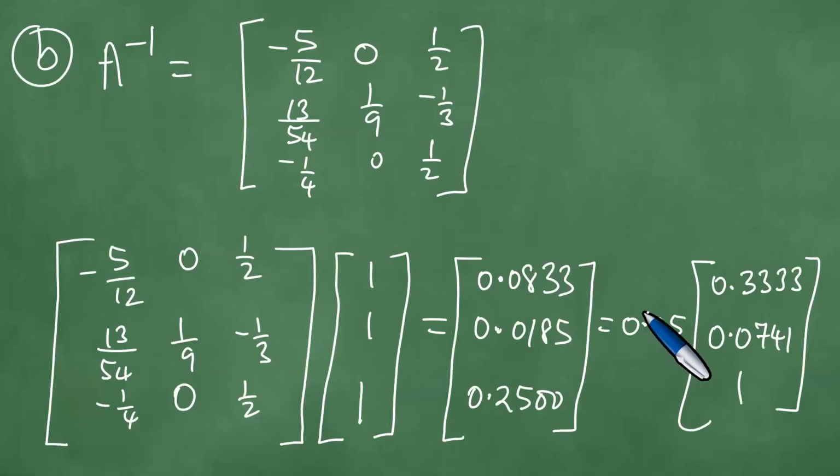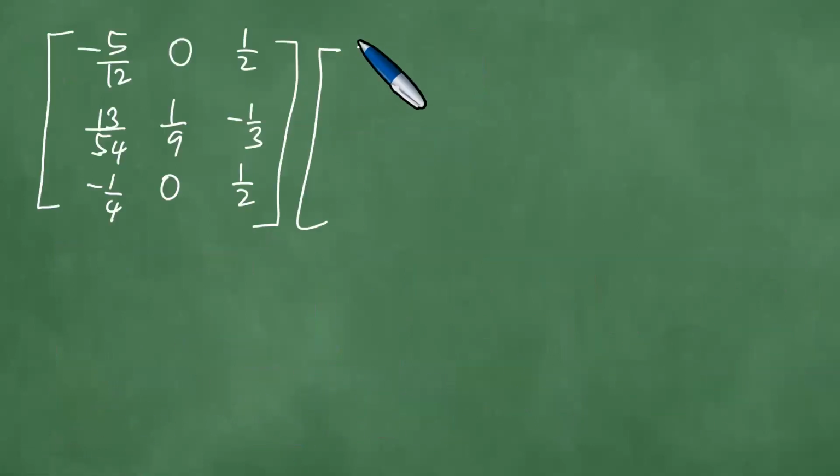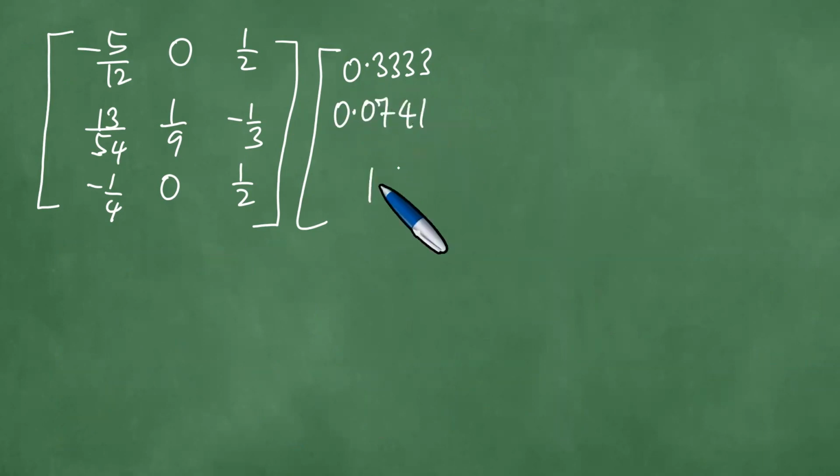Now you take this vector, which is sort of the eigenvector associated with this eigenvalue, and plug it in this position: 0.3333, 0.0741, and then 1. We do row by column multiplication: minus 5 out of 12 by this, 0 by this, half by this. You add everything.